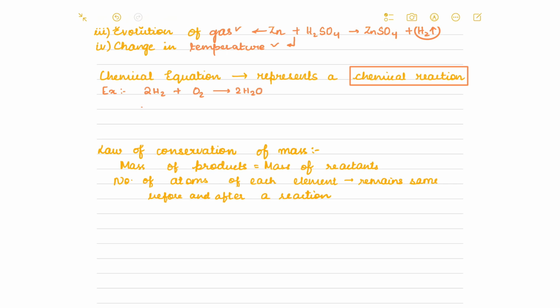But if I write here hydrogen plus oxygen gives rise to water, it is a skeletal equation. When we use the symbols of the particular elements and write the equation, we call it a chemical equation.